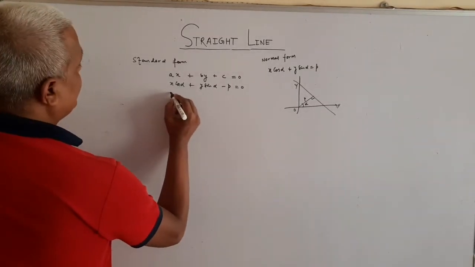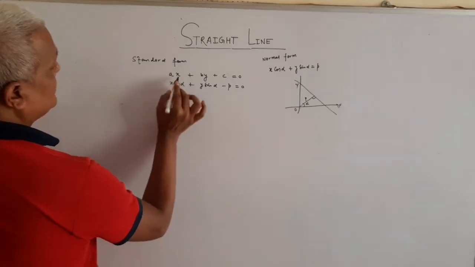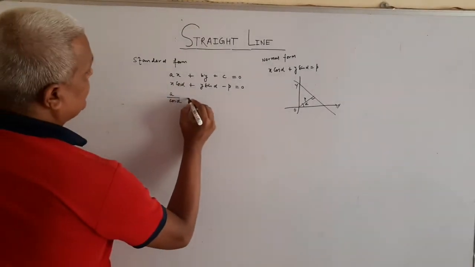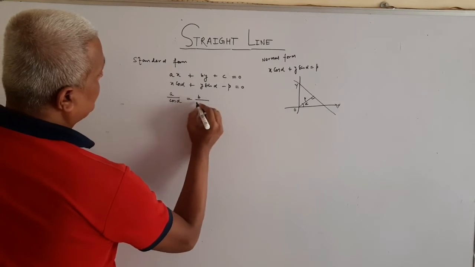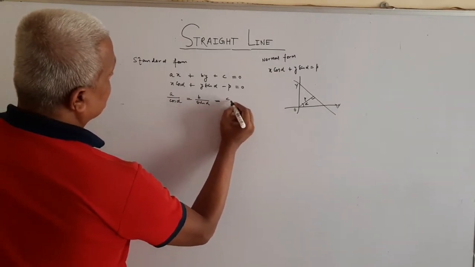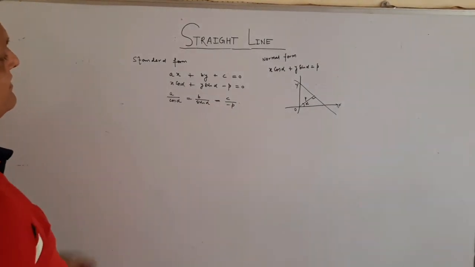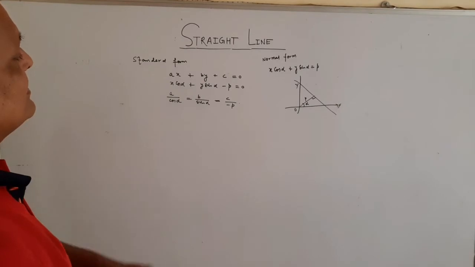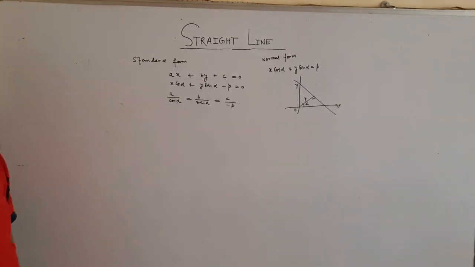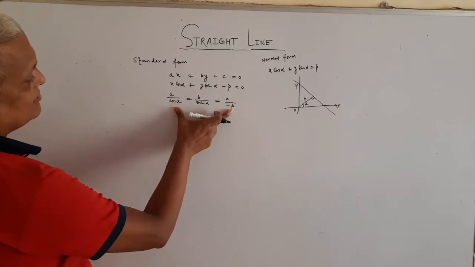Means a upon cos alpha, coefficient of x, is b upon sin alpha is c upon minus p. We can call them r or anything, but if you're not interested you can leave it like that only.